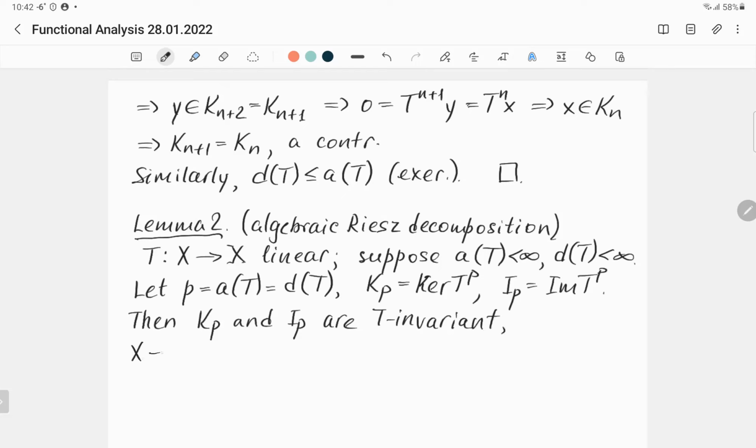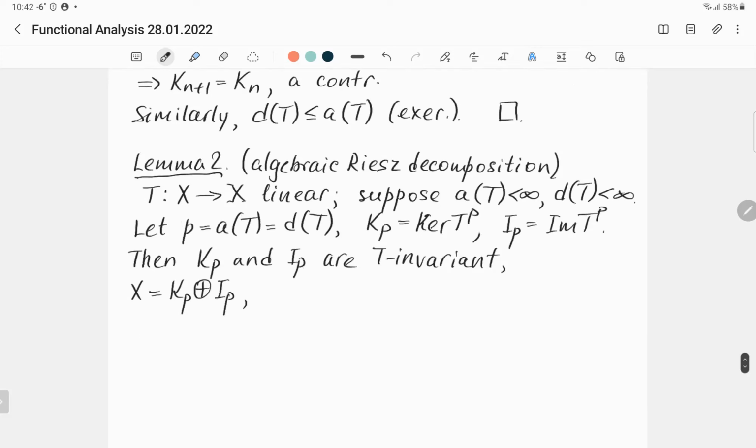X is equal to their direct sum, which is not entirely obvious. Next, the restriction of T to Kp is nilpotent, and the restriction of T to Ip is an isomorphism of Ip onto itself.